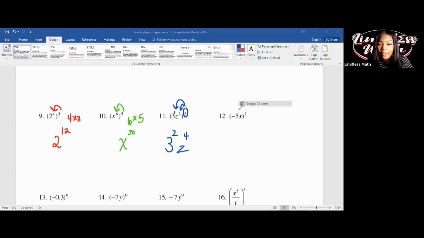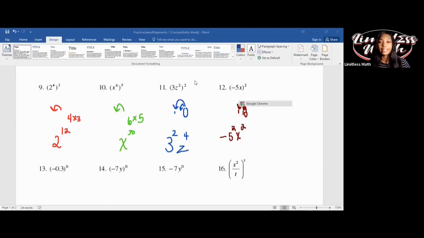So the -5 has an invisible 1. The x has an invisible 1. And we're going to take this 2 and distribute it to each one of them. So that's -5 to the 2nd power and x to the 2nd power. Okay. Questions on this, you can drop them down in the comment section.